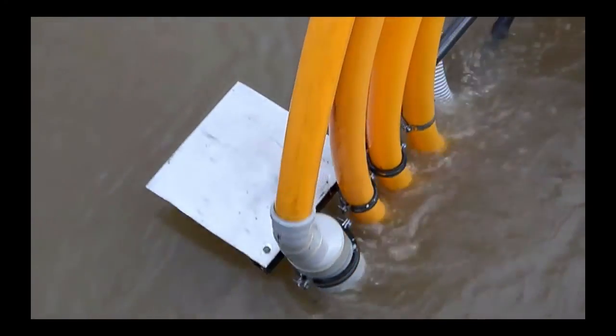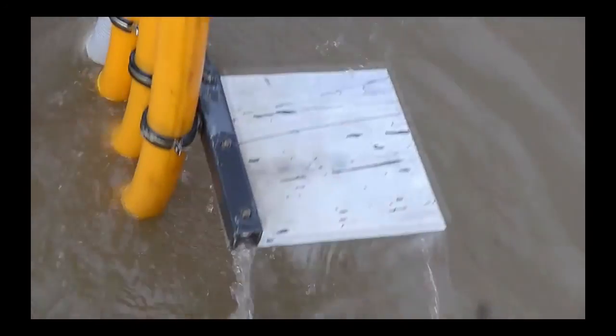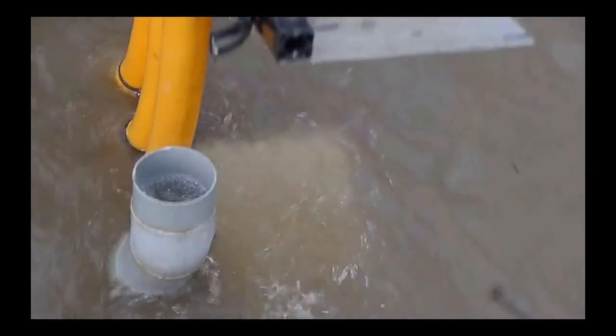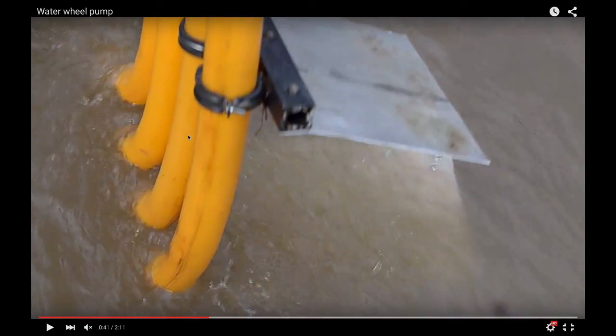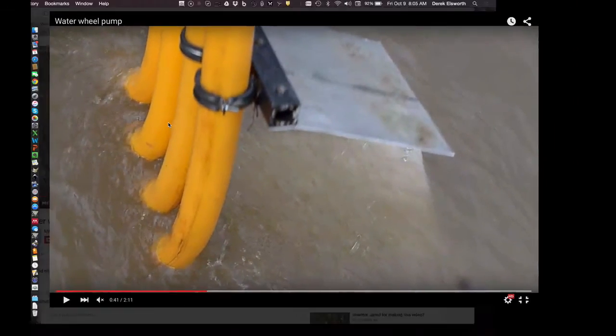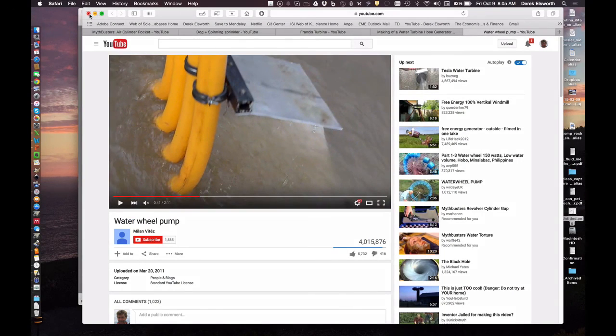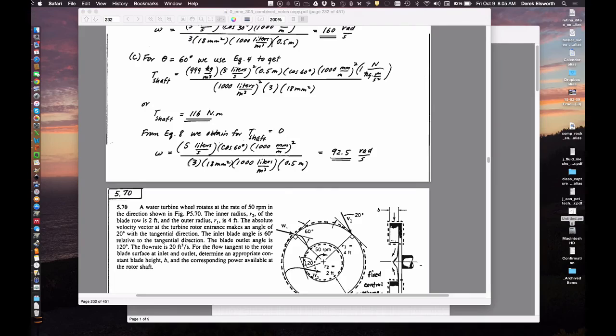Very clever. And obviously no power input except the power of the water flowing past it. Okay? So let me make sure that I'm going to kill this so we don't have to deal with this.